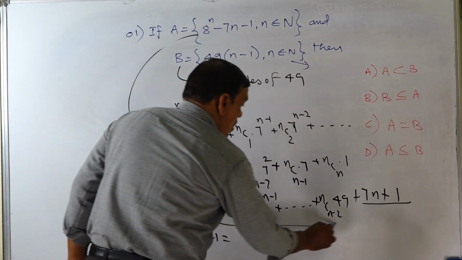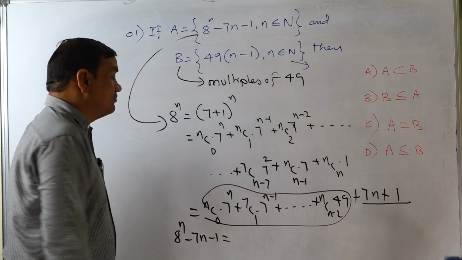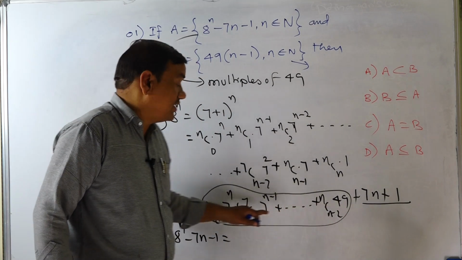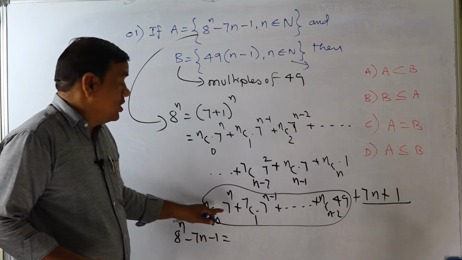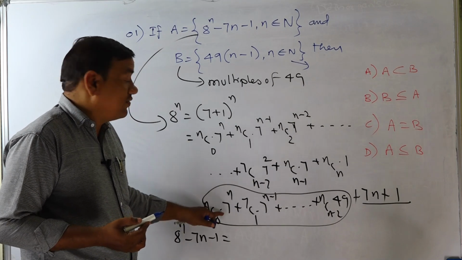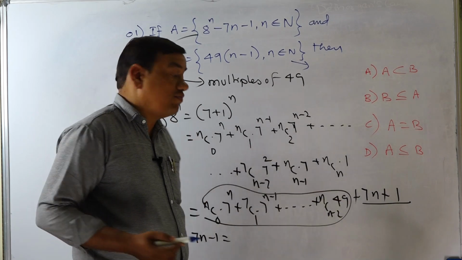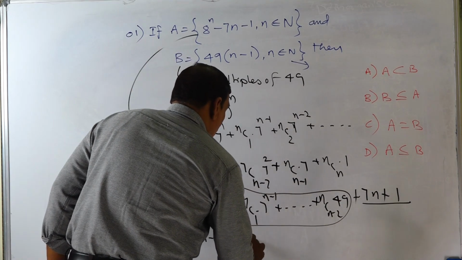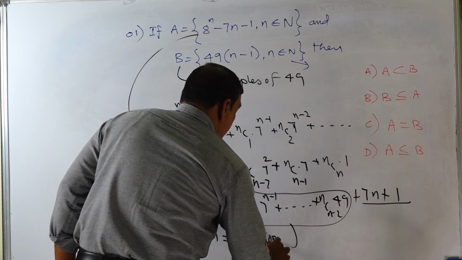From all the remaining terms, can I take 49 common outside? Here also you will get 49. If you take n equal to 2, 7 square is 49; 49 everywhere you will get. So, that is equal to 49 into some integer.